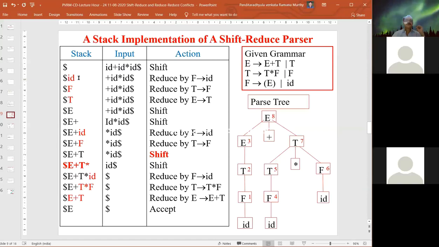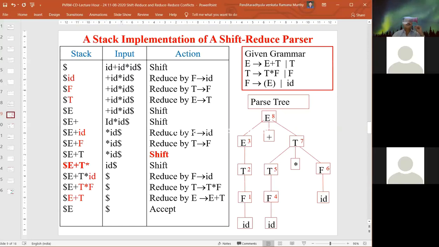So id is a handle because id is available on the right side of some production, and we can treat this id as a handle. The handle can be replaced by the left side of the production, which is F. So the next action we choose is reduce by F derives id. In the next step, id is replaced by F.